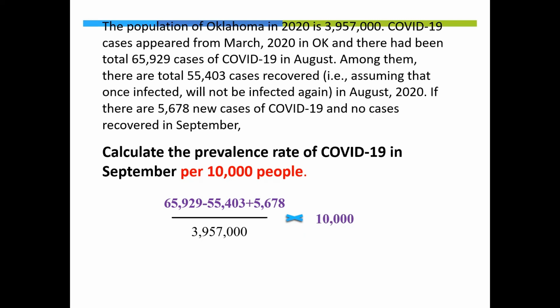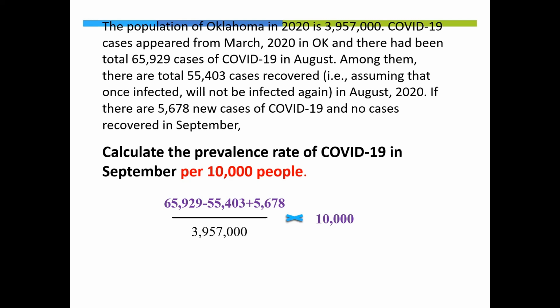So you might wonder why we used this number in the previous incidence. But here is the point. Assuming that once infected, one will not be infected again, that's why we need to exclude this person. So more detail, the only pre-existing case in September is 65 minus 55. Does it make sense?